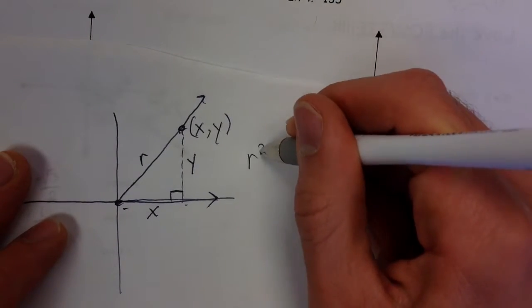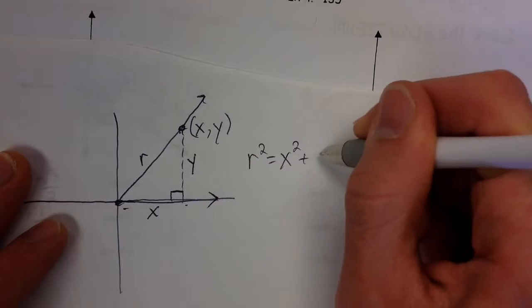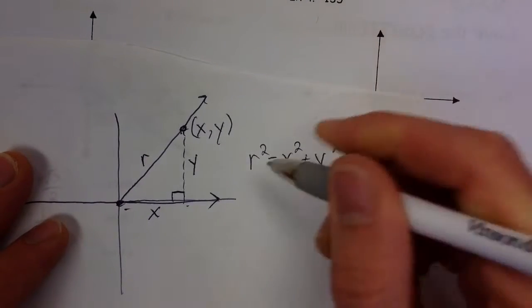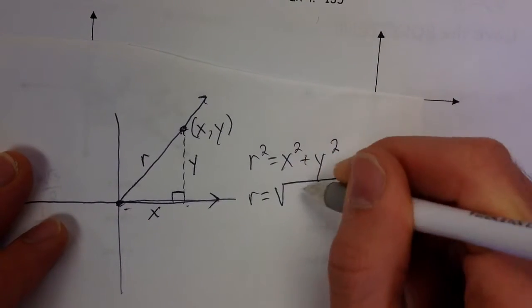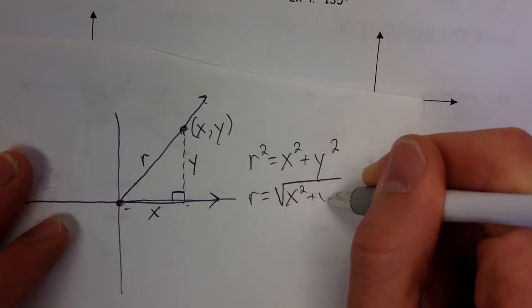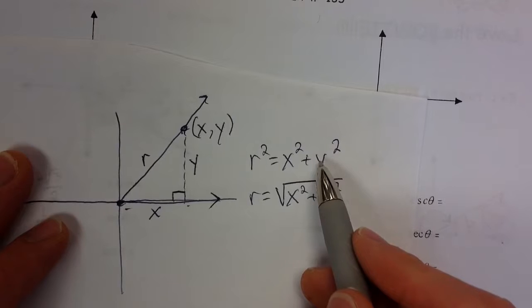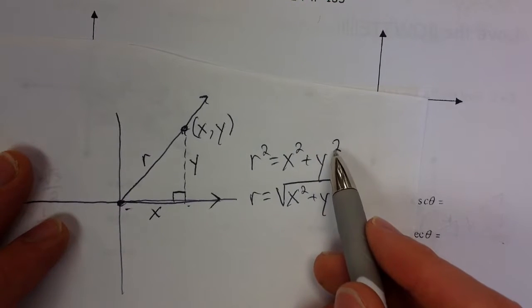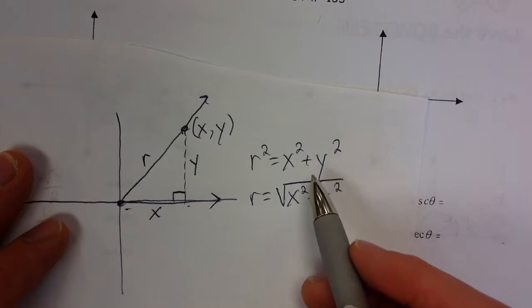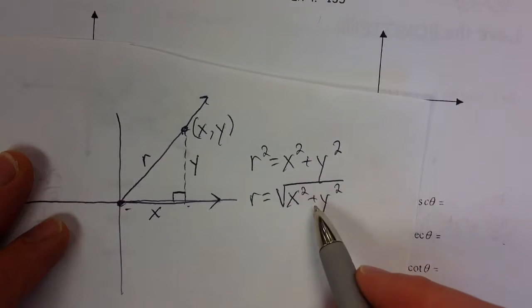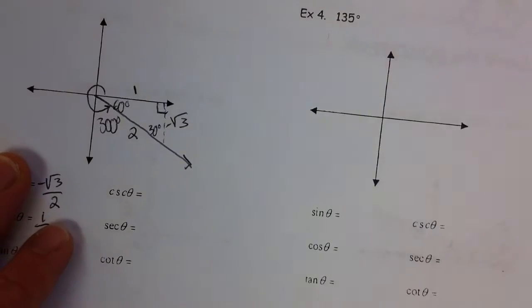So r squared equals x squared plus y squared. In other words, r equals the square root of x squared plus y squared. If x is negative or if y is negative, it doesn't matter because you're squaring them. Therefore, you're always going to get a positive answer here. So that's the best I can give you right now.